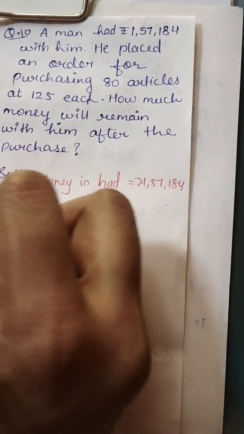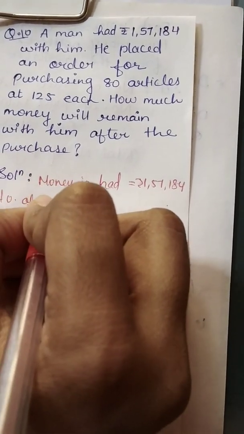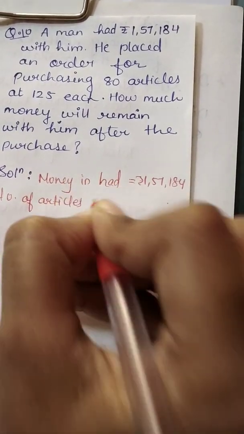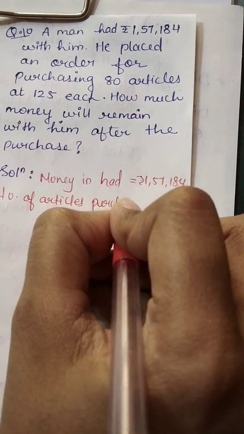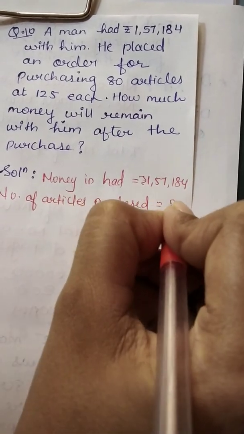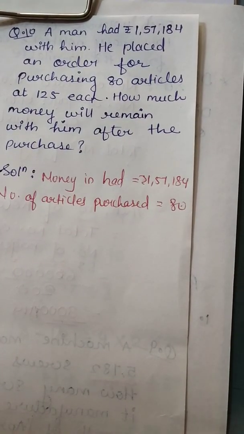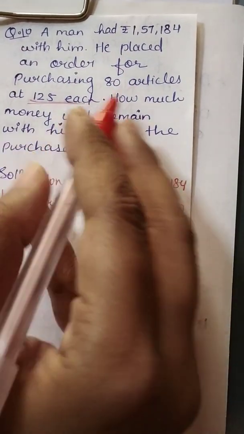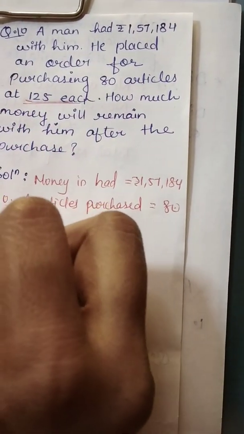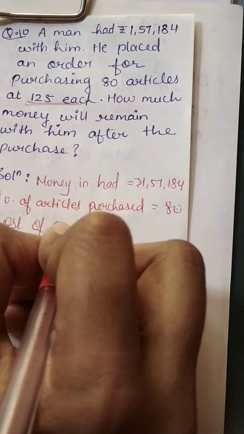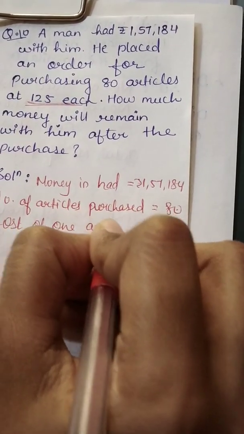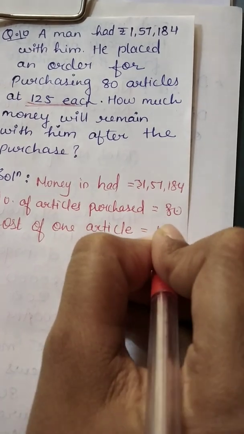Now number of articles purchased is equal to 80, and cost of one article, here it is written each article, each means one, so cost of one article is equal to 125.